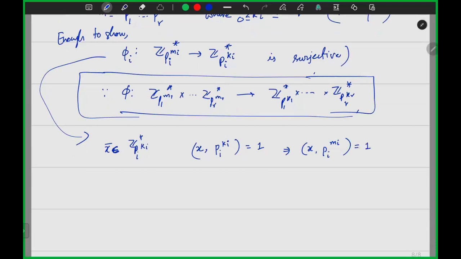Yes. This implies x bar is a unit in Z_{pi^mi}, which goes to x bar belonging to Z mod pi to the power ki by the canonical map.